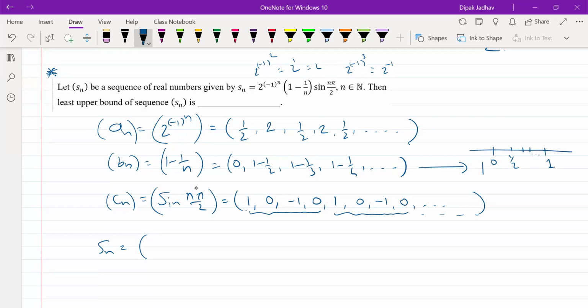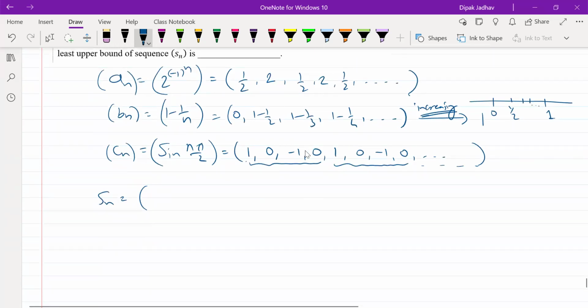So this is an increasing kind of sequence, converging to 1. An keeps on fluctuating between these two. Cn keeps on fluctuating between these 4.